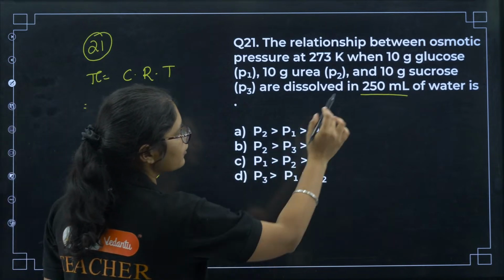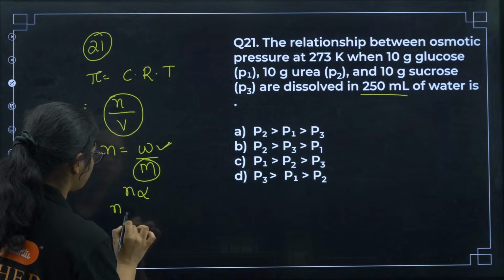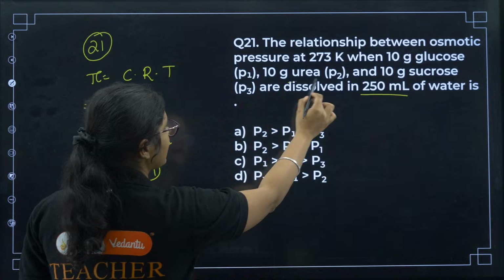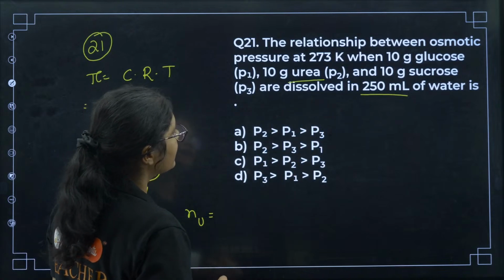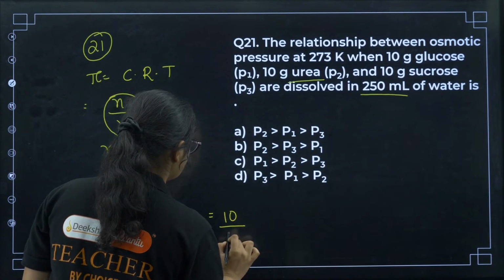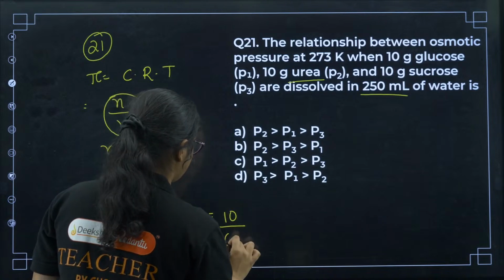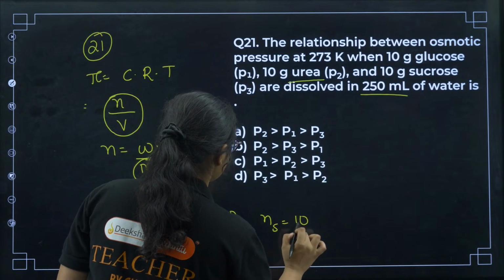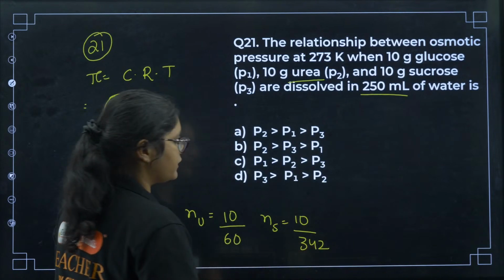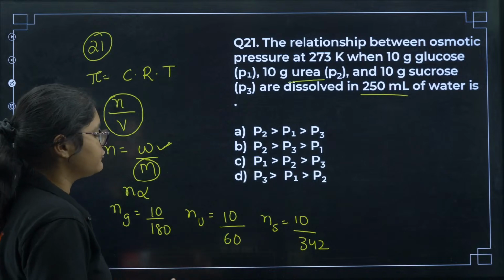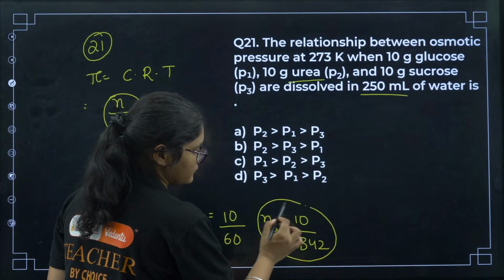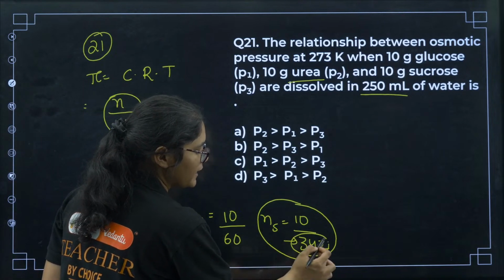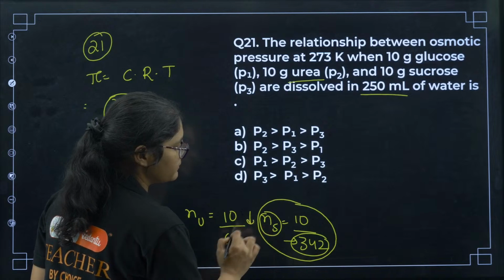Now glucose molar mass is 180, so number of moles of glucose is 10 by 180. Urea is 10 by 60. Number of moles of sucrose is 10 by 342. Now the sucrose value is very high in the denominator, so its number of moles will be the least.